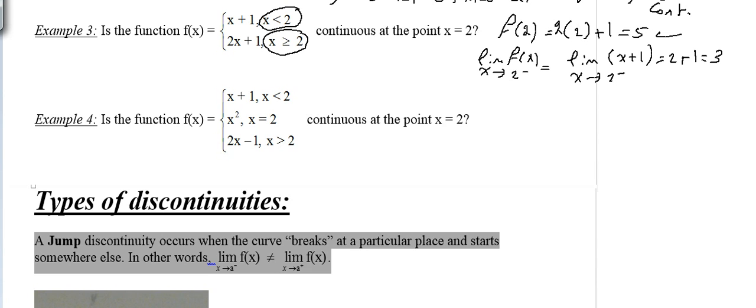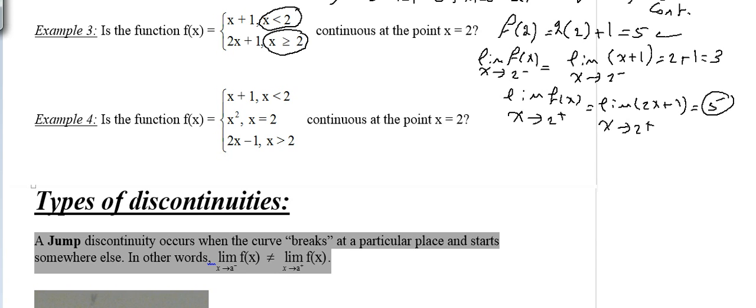It exists. The limit of f of x as x tends to 2 plus equals the limit of the second part, because x is greater than 2. So what do we have here? It's 2 times 2 plus 1, which is 5. Both exist; the numbers exist, right? They are not infinity.